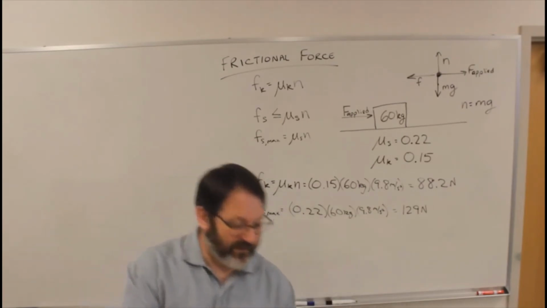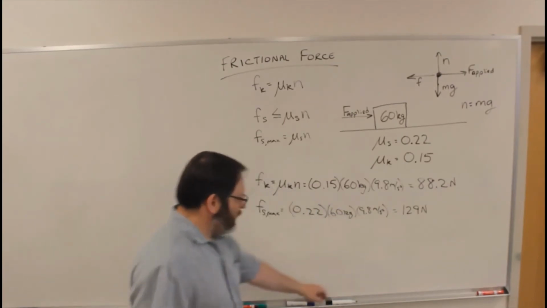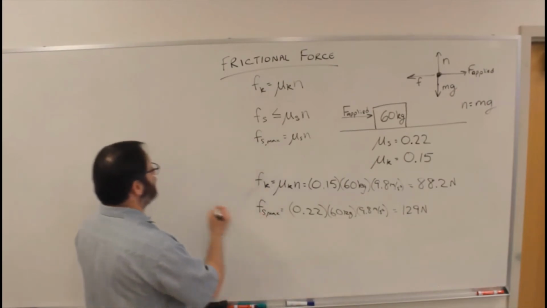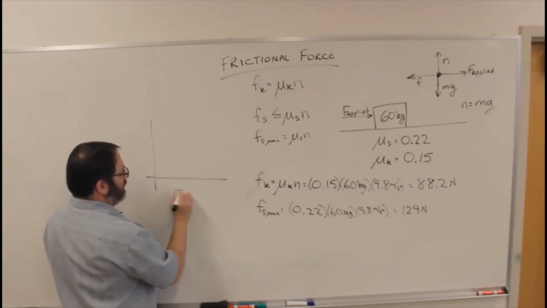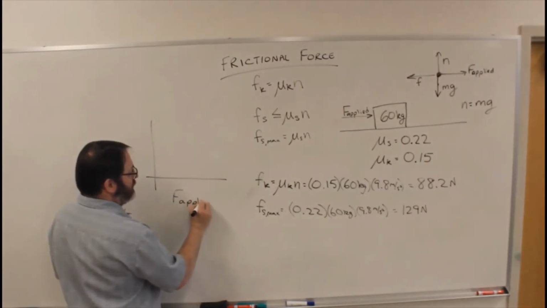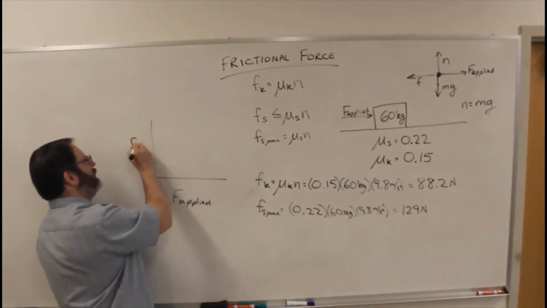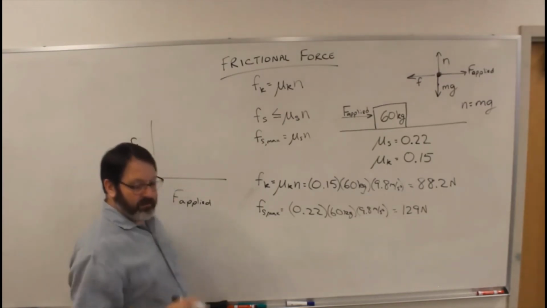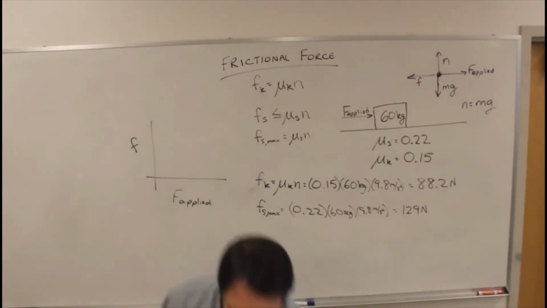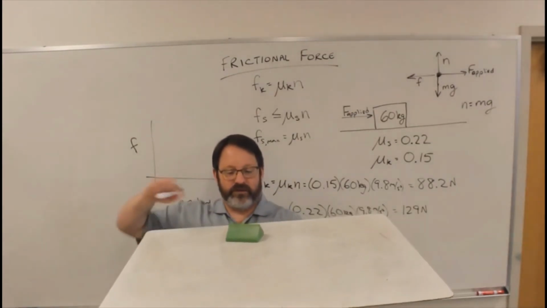So what happens is, initially, if I make a plot here of applied force and the force of friction. So if I apply 0 force to it, what is the frictional force on this?